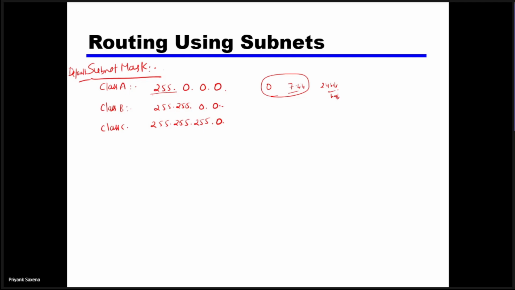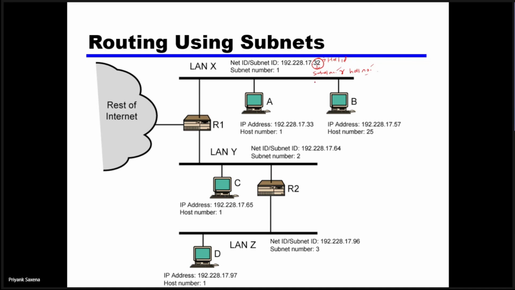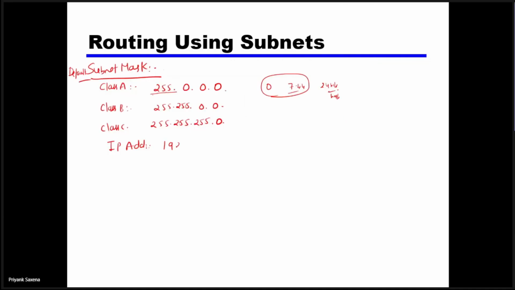So let us see for this IP address, 192.228.17.32. How will you write this in bit form?